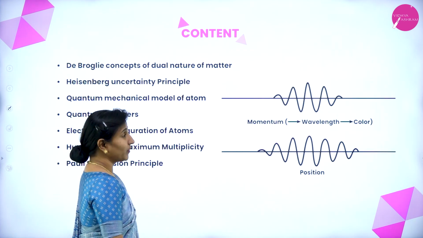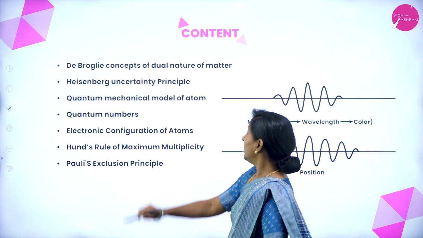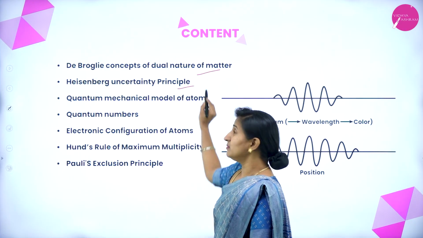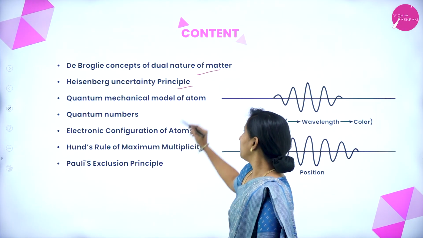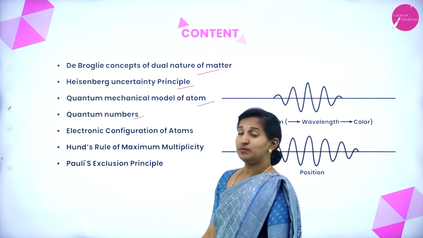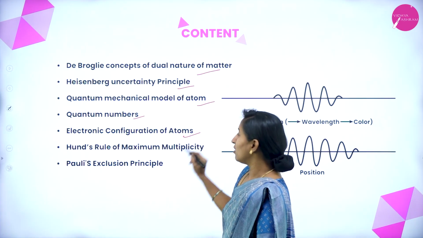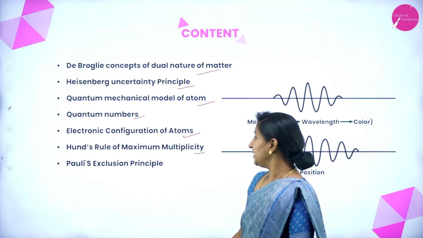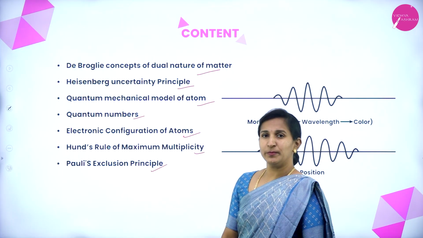In this session, we are going to discuss de Broglie's concept of dual nature of matter, Heisenberg uncertainty principle, quantum mechanical model of an atom, quantum numbers, electronic configuration of atoms, Hund's rule of maximum multiplicity, and Pauli's exclusion principle.